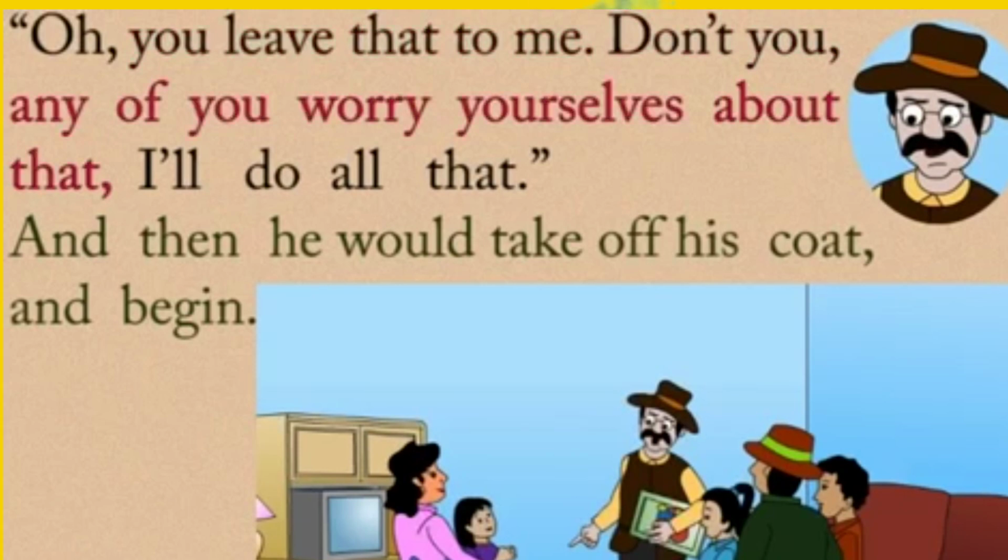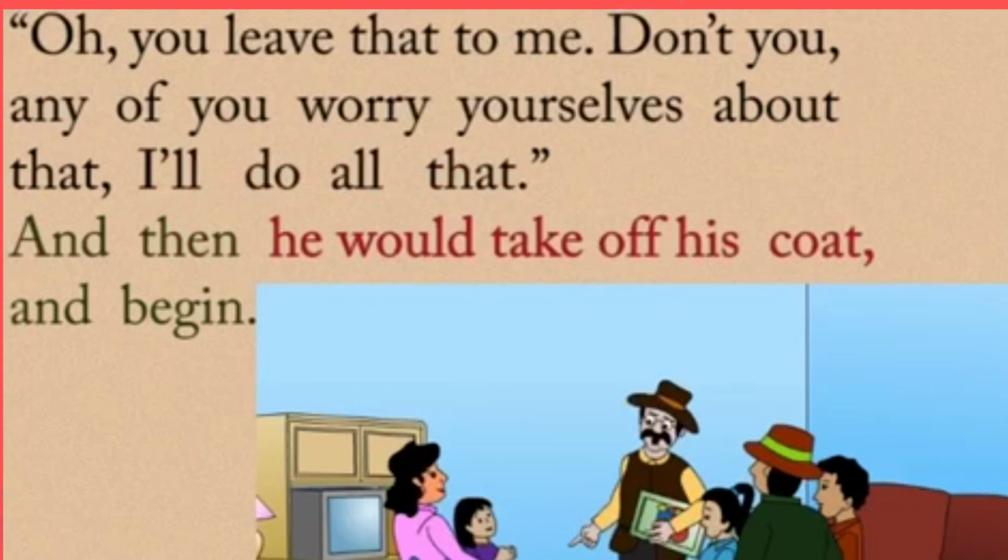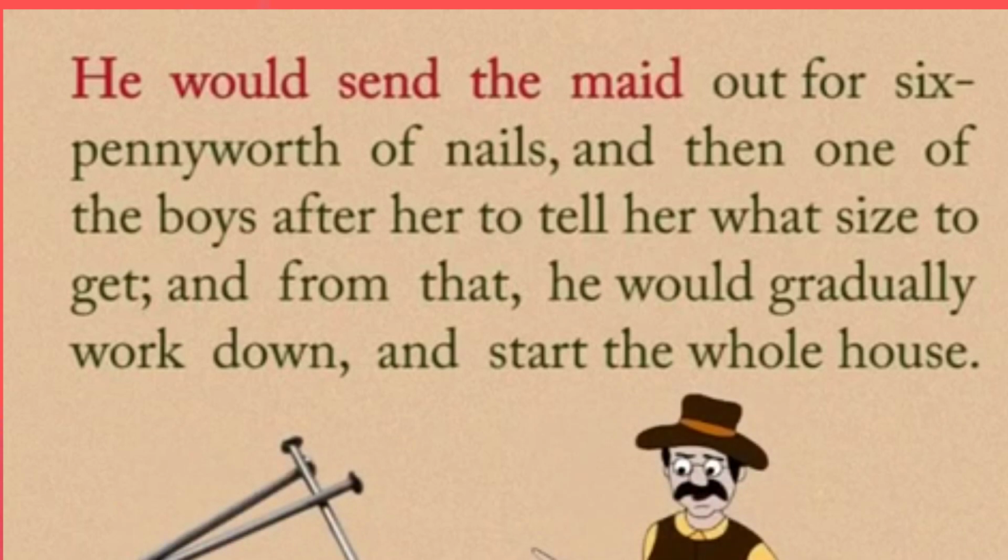Don't any of you worry yourselves about that. I'll do that." And then he would take off his coat and begin. He would send the maid out for 6 penny worth of nails, and then one of the boys after her to tell her what size to get. And from that he would gradually work down and start the whole house.